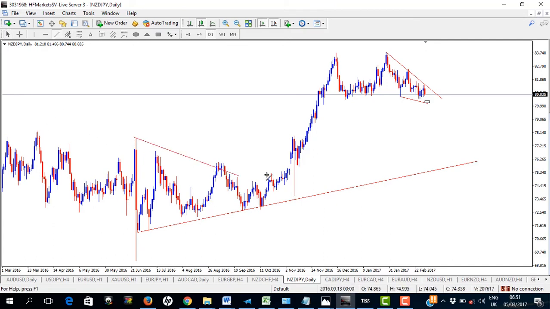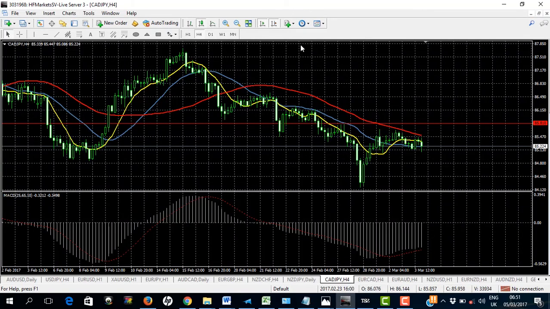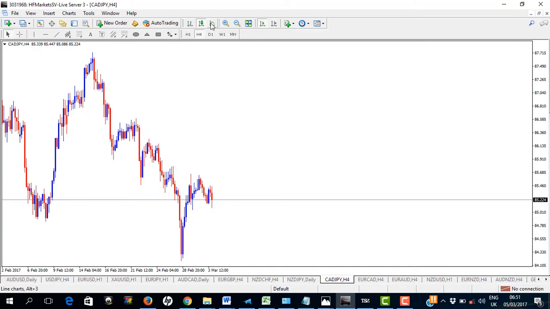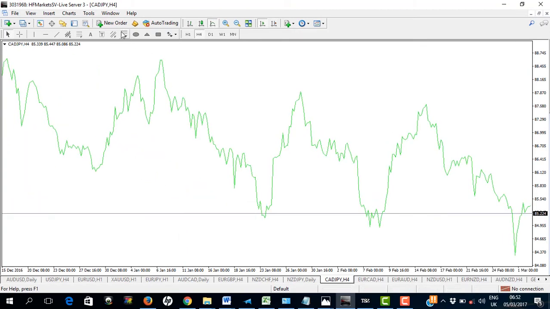Going back to the daily, just play around with the trend line. You can use this, as you can see. Now, if you can't really capture the trend line from the candlesticks, then you can make use of the line charts.